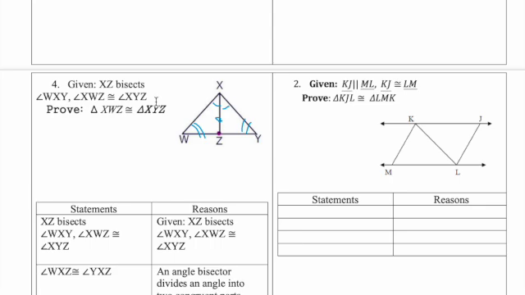And now we can show that this triangle XWZ is congruent to XYZ because of the angle, angle, side congruency theorem.